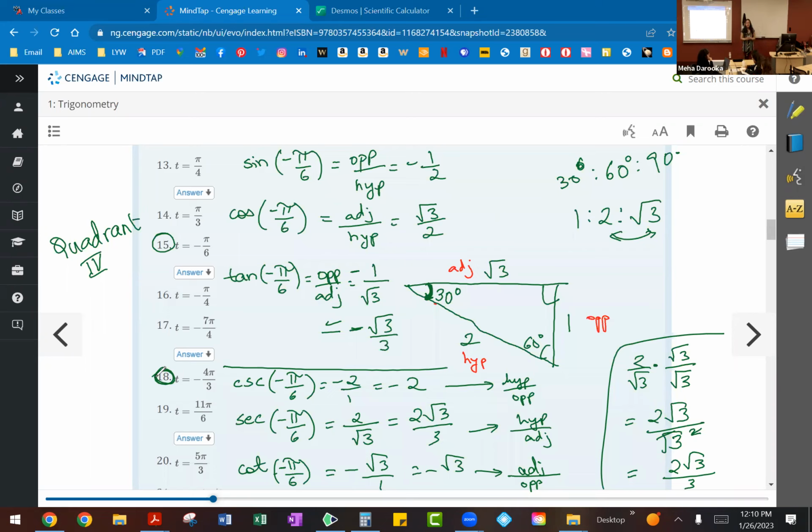So take a couple minutes, come up with your answers, and then we'll discuss them as a group. If you want to discuss it amongst yourselves to check if you're on the right path, that's fine. But come up with all the 6 functions and let's see what your answers come out to be. So first I would start by trying to figure out what its degree measurement is, where it falls on the unit circle. So then if you need to have positive, negative signs. Now, obviously, since this is a negative angle, it's going in the clockwise direction also.